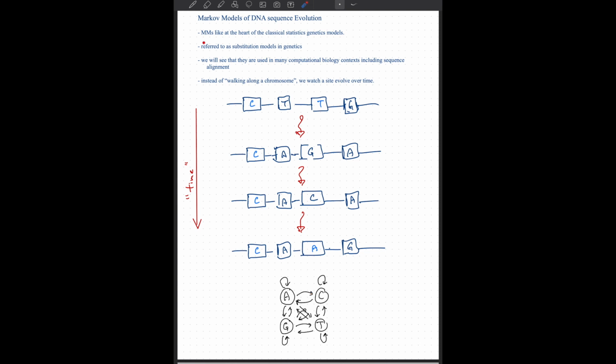Now, Markov models actually lie at the heart of classical statistical genetics, and I doubt that many of you have actually taken a statistical genetics course by this point, which is really unfortunate. Statistical genetics underlies so many different areas of research, like epidemiology, and I should say not just research, health policy, health science, clinical practice.